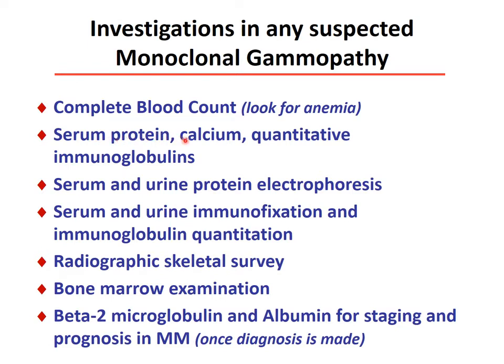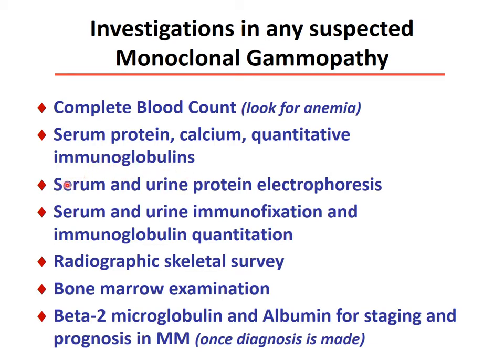And the calcium usually is elevated because the plasma cell activates osteoclasts and causes resorption of the bone. And for sure, the immunoglobulin picture is going to change, and monoclonality can be seen on the serum electrophoresis.